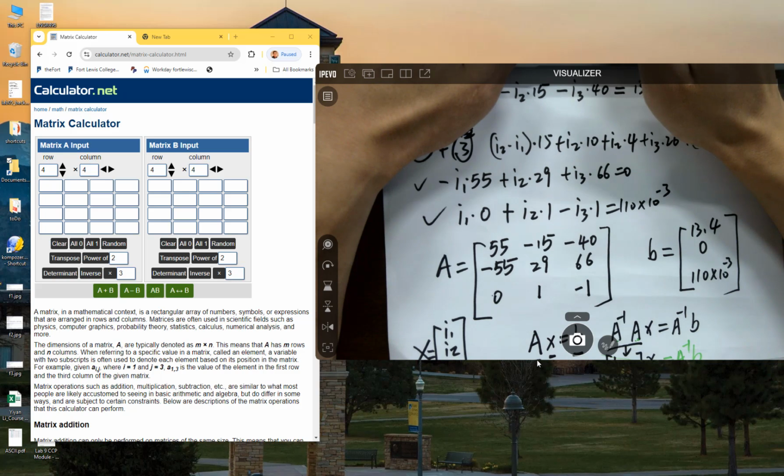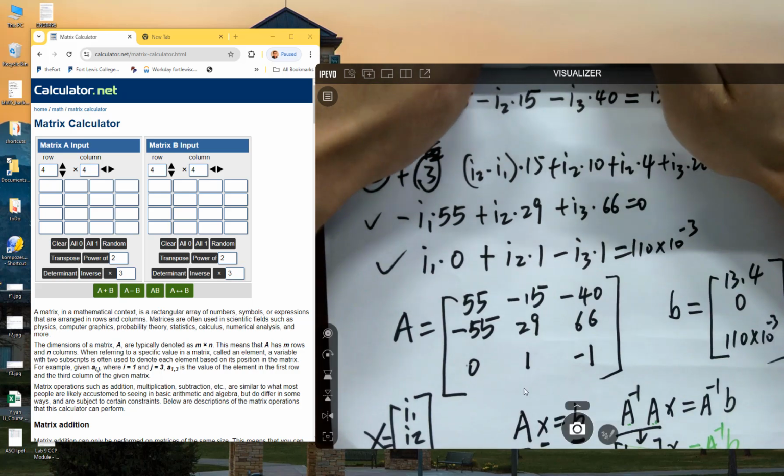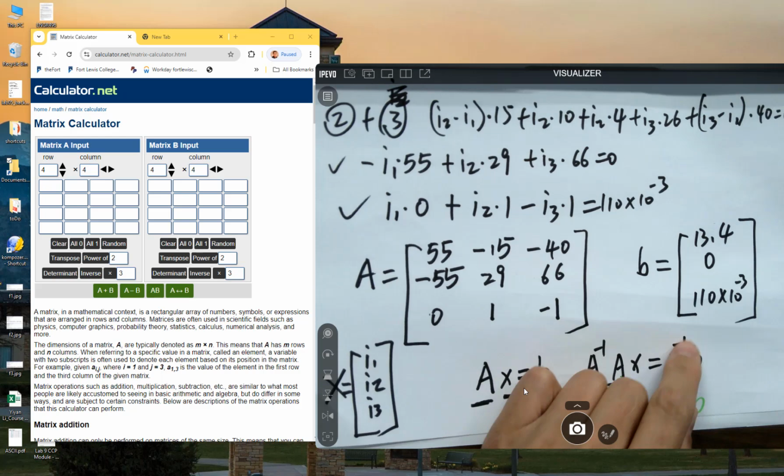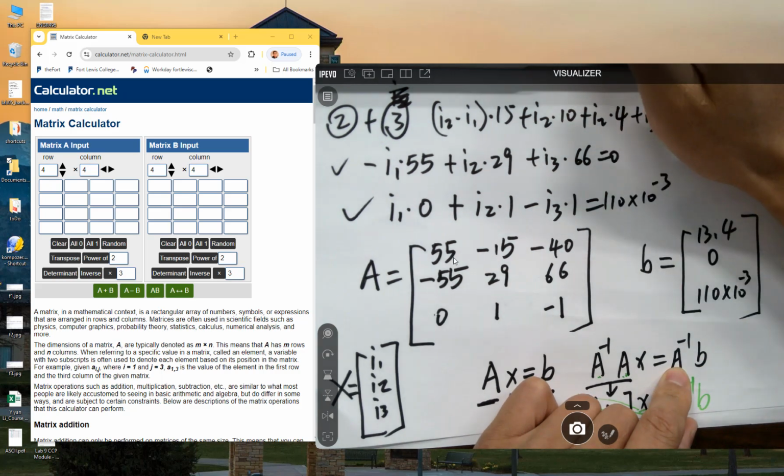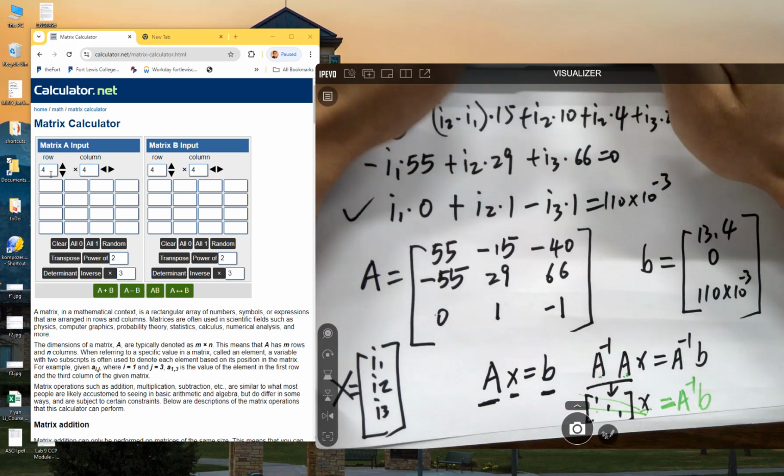So in order to find the i's, we need this times this, right? So first we have to type this matrix A in here.